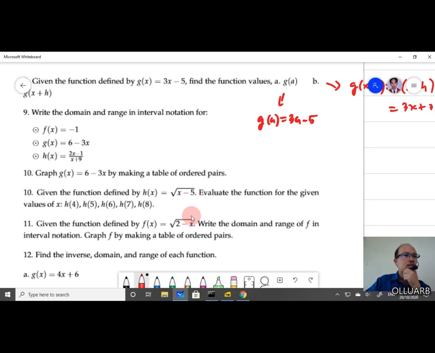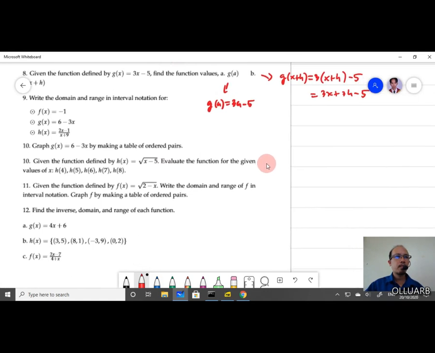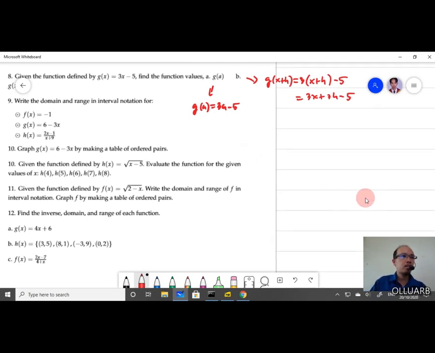So for 9, the first one is A, B, C. 9a, domain and range in the interval notation. Okay, the domain of the function is the set of real numbers, and the range is only the set containing 1.